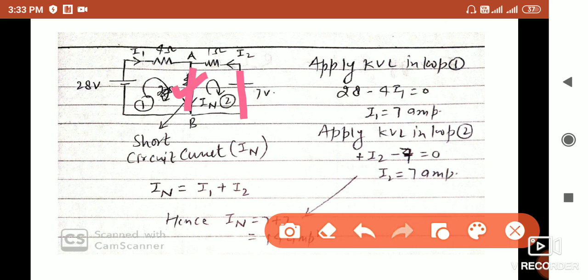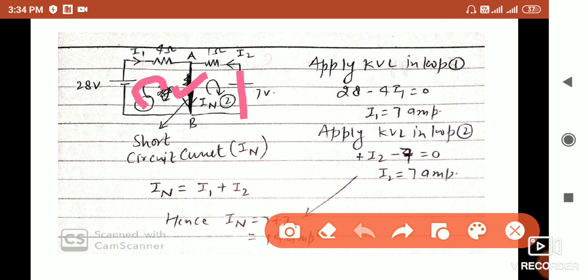This is the basic difference between Norton and Thevenin's theorem. So when we short to find IN, this is the IN current in this circuit. Finding IN is nothing but applying KVL and KCL. This is a very easy step.